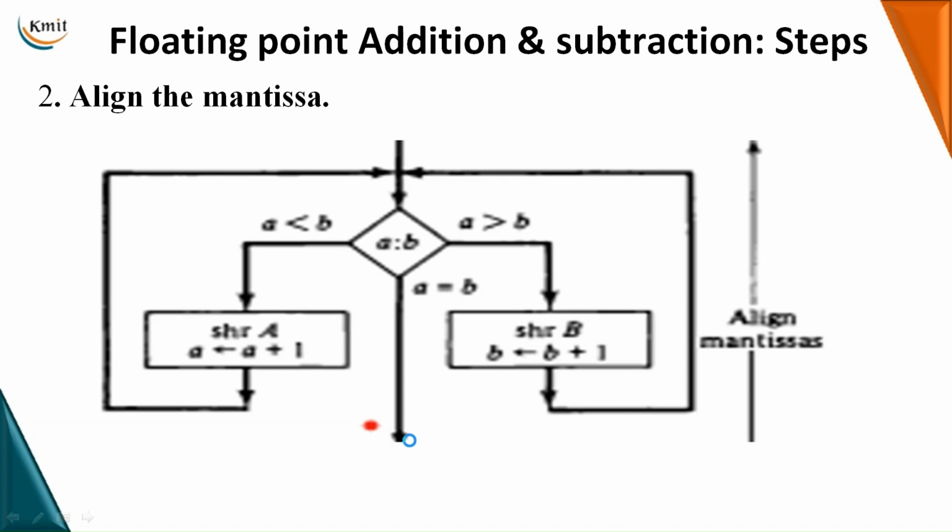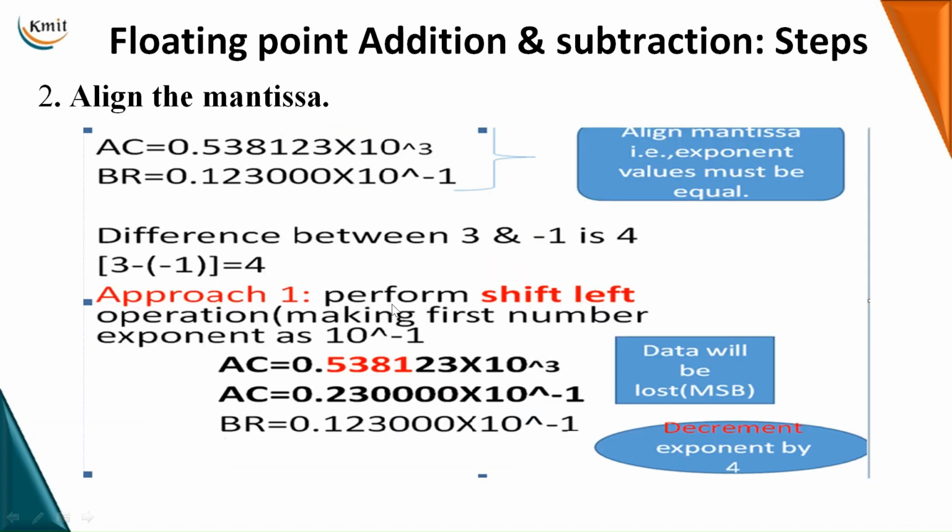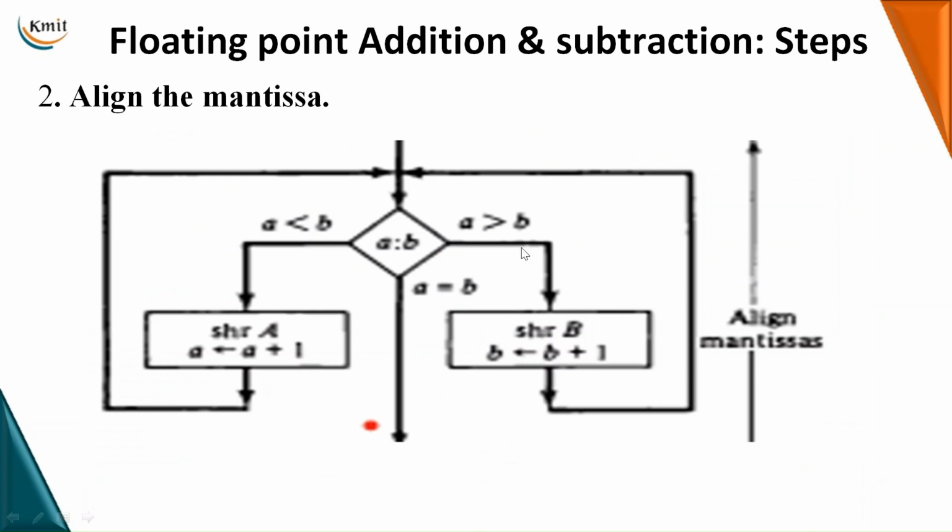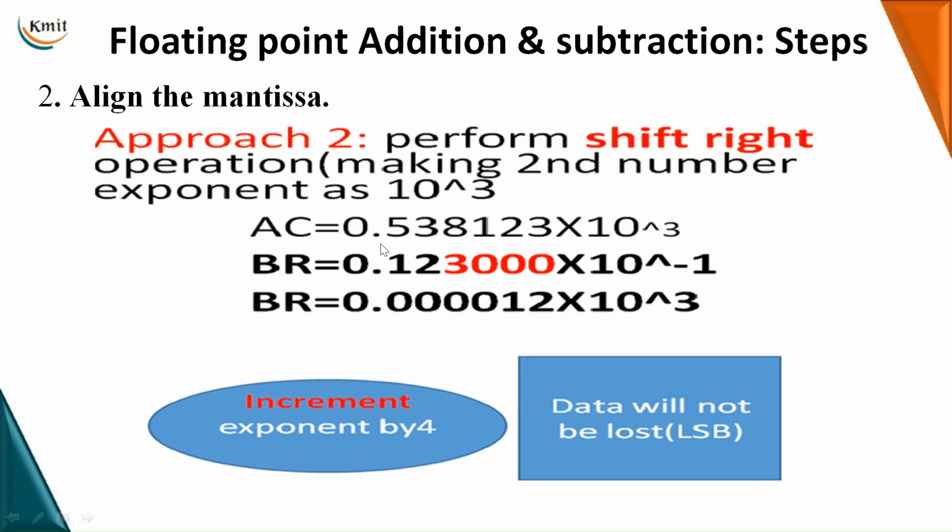If you look at this particular example, the exponent a is 3, and the exponent stored in small b is -1. In this situation, a is greater than b, since 3 is greater than -1. So what are you supposed to do? We shift right the contents of BR and increment the exponent of b by 1. B is nothing but the BR register.